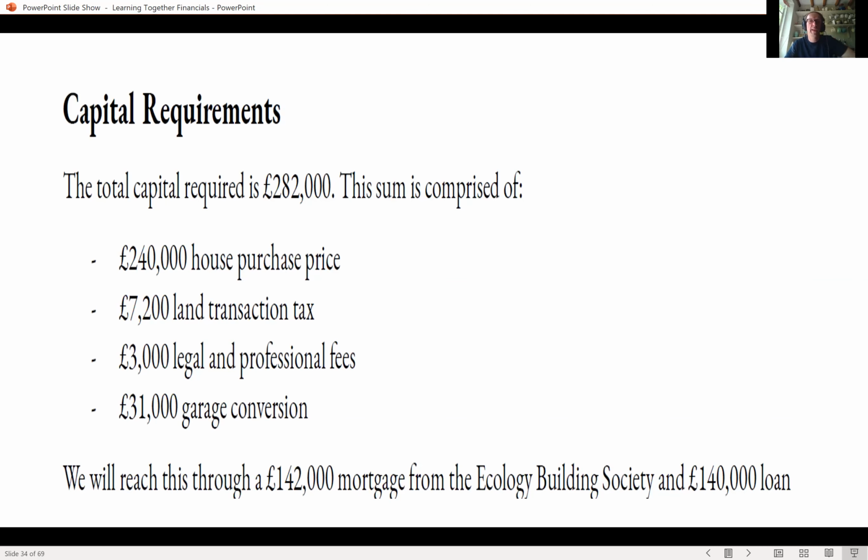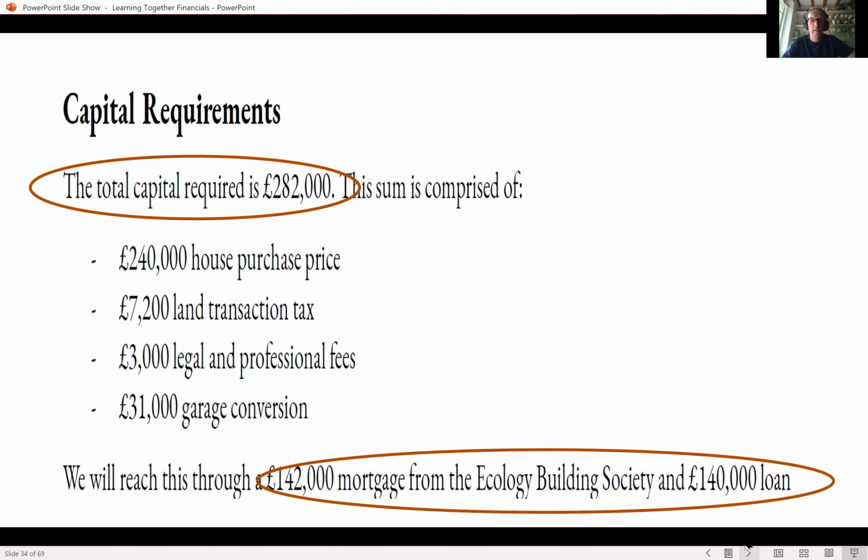So they've got their capital requirements, how much it costs to buy the house, which is 280,000, and the breakdown there roughly of the different parts in their financial model. We've worked with a financial modeler, and the financial modeler has worked with the housing co-op to identify how much money they need to get from the Ecology Building Society in terms of mortgage, and how much they need to get in terms of loan stock from investment from the community.